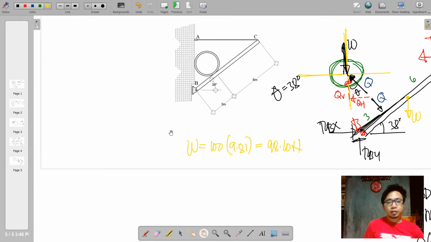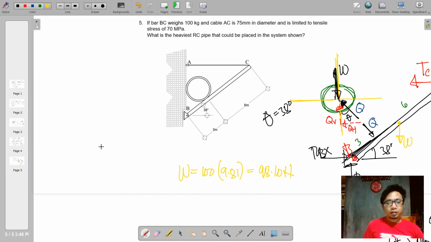And what is the distance of W? Of course, we will be needing here the triangle of the inclined bar. What is the dimension of the bar itself? It is actually 9 meters. So if this is 38 degrees, we will be needing this dimension.